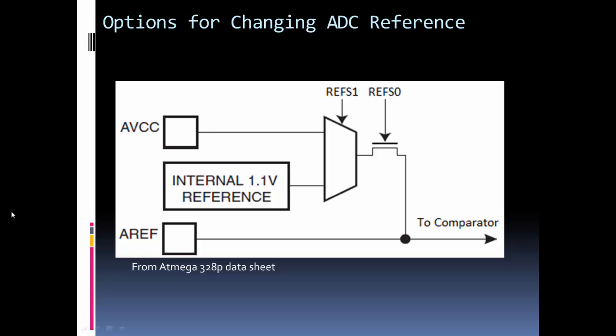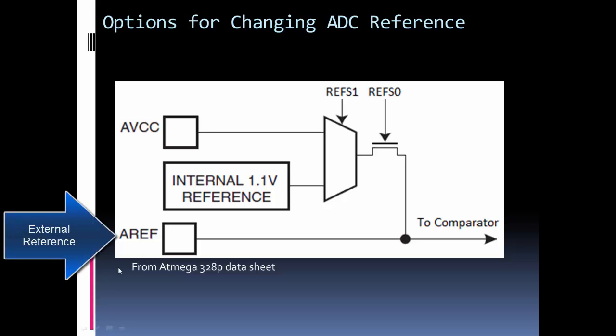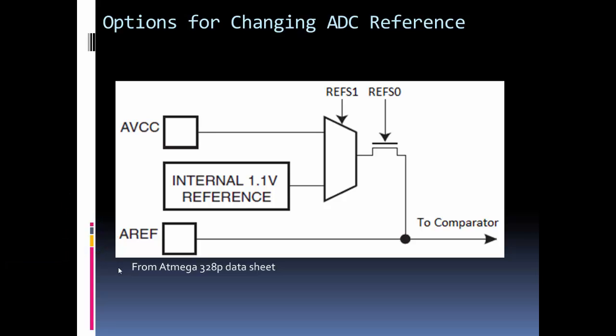And then finally, AREF, which is actually a pin on your Arduino Uno, is a way to input some external voltage reference to use for our ADC. For instance, you have a 3.3 volt output on your Arduino Uno. You could feed that into AREF, and that would set your ADC reference to 3.3 volts.